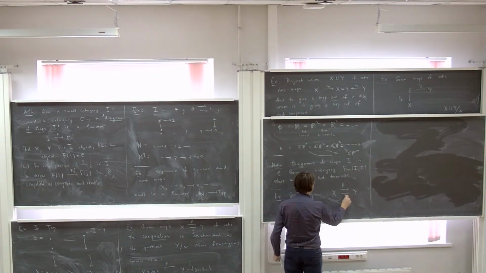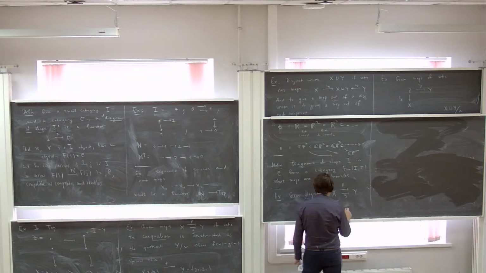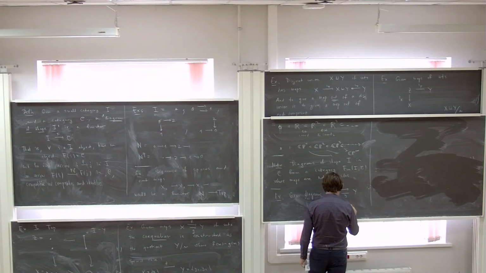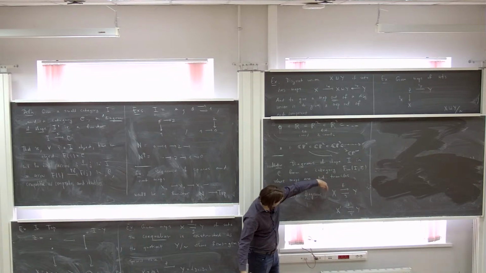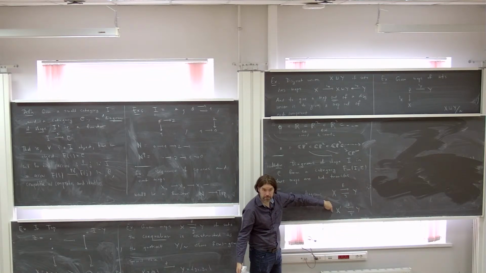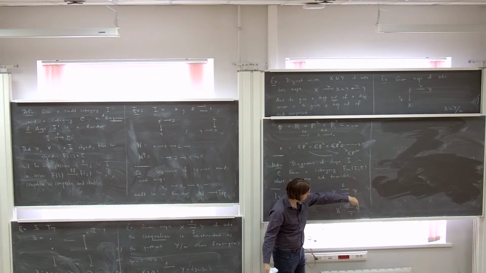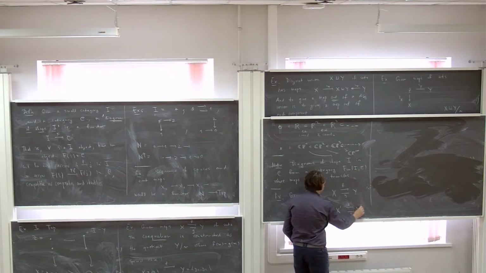I'm given one diagram and a second diagram. A map between them is a map from x to x prime and a map from y to y prime.